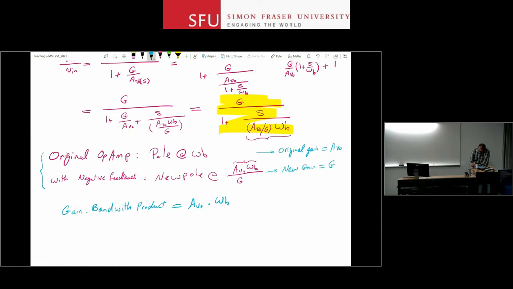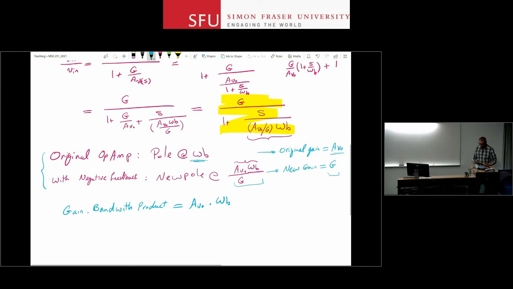Now, if you look at the product of the gain and bandwidth that I have in two cases. In the first case, the bandwidth that I had was omega B times AV naught. In the second case, the bandwidth is AV naught omega B divided by G, times G. Now, in both cases, the gain bandwidth product is actually constant, is this value that you have here. And that's a property of these op-amp circuits.